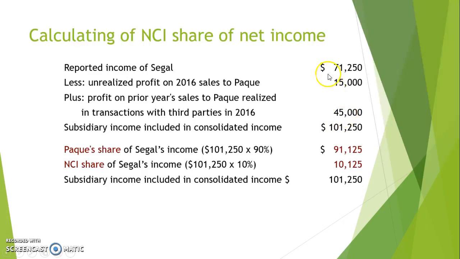So when we subtract the 15,000 from the beginning inventory and we add the 45,000 that has been included in the profit of prior years, you will then have a revised subsidiary income of 101,250. Of this, 90% belongs to the parent. So 90% of this is 91,125, and the sub would get 10%, which is 10,125.